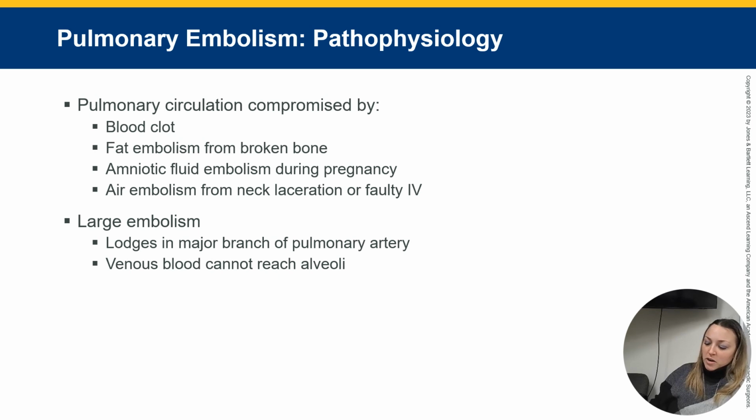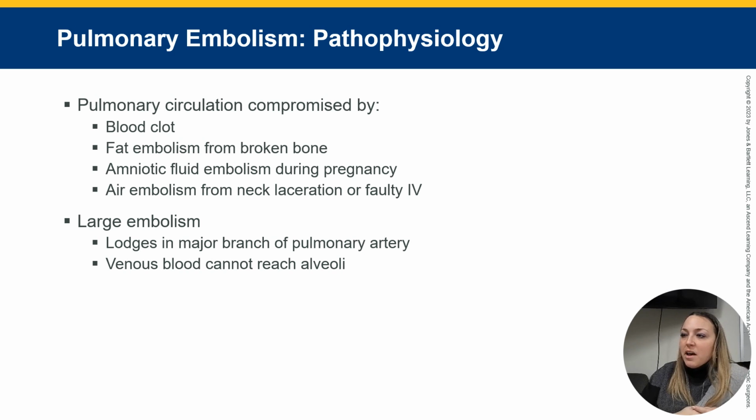So wherever it's too large to pass, that's where it gets lodged, and then things start to back up. Think about a flooded river, and a branch, like a log, gets stuck. What happens when that log gets stuck? Other logs get stuck, other branches get stuck.